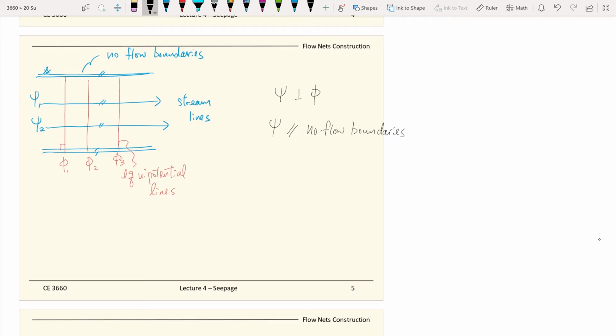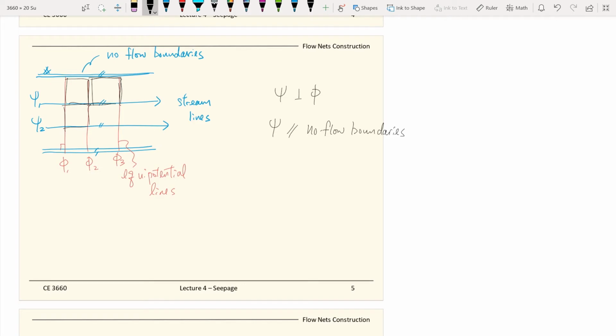And between the equipotential lines and the streamlines, they will form a square. I didn't do a very good job here, but the streamlines and equipotential lines define all the grids, all the squares.